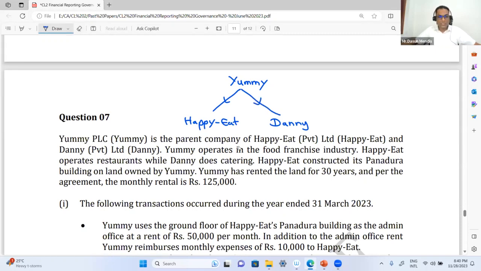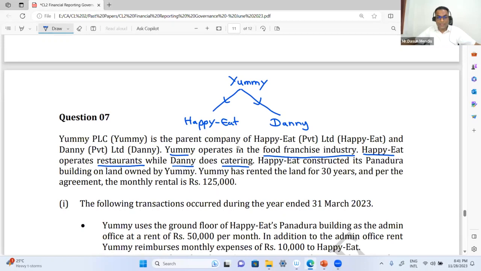So Yummo is the parent company of Happy Eat and Danny. What is the business of Yummo? Yummo operates in the food franchise industry. Happy Eat operates restaurants. Then Danny does the catering. So the parent company is in the food franchise industry.